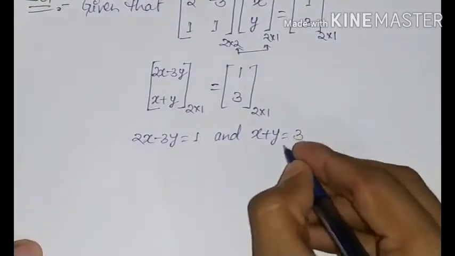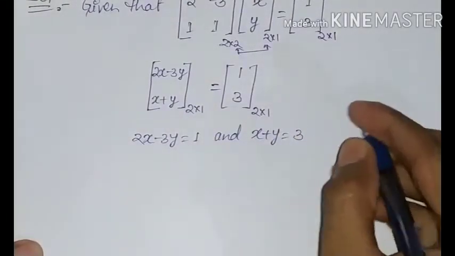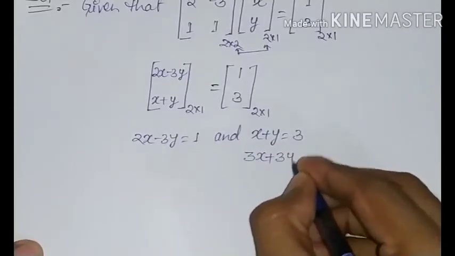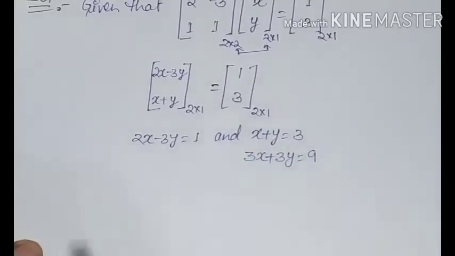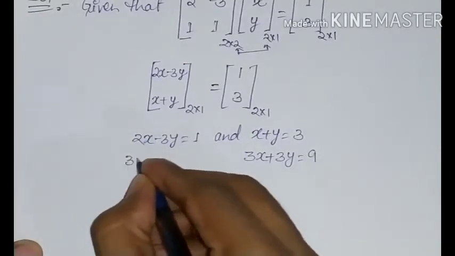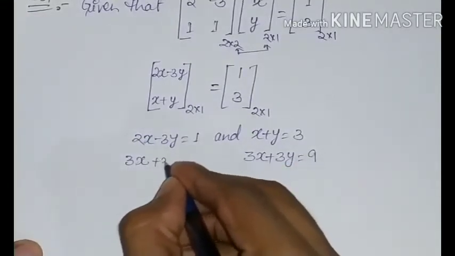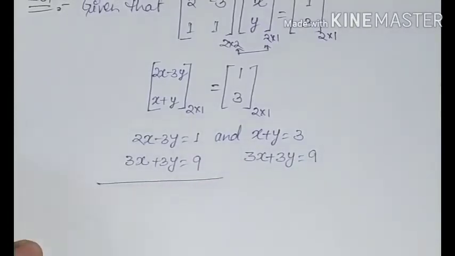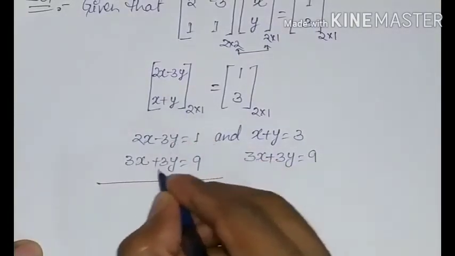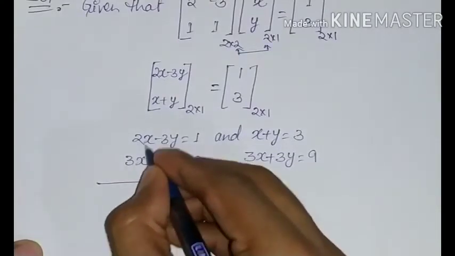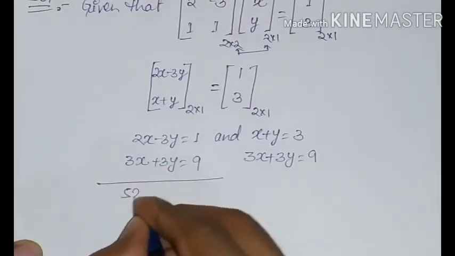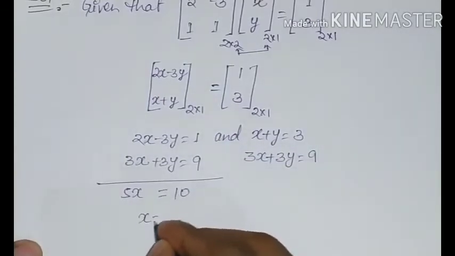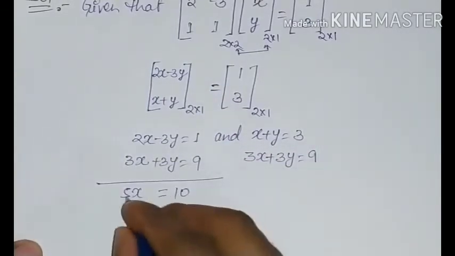I multiply the second equation by 3, then it becomes 3x plus 3y equals 9. Adding, minus 3y plus 3y is 0, and 2x plus 3x is 5x, which equals 1 plus 9, that is 10.